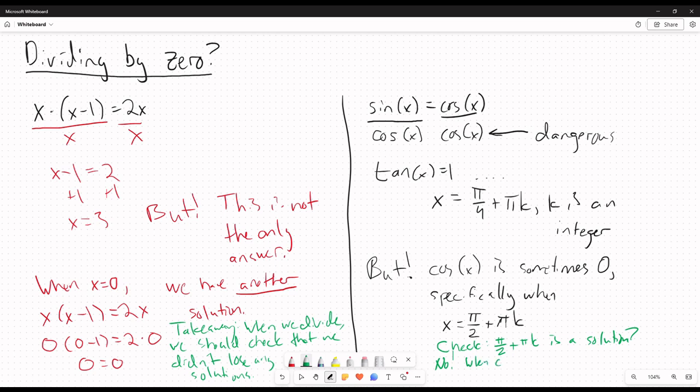When cosine of x equals 0, sine of x equals plus or minus 1. So obviously those will never be the same when cosine of x equals 0. So we didn't lose any solutions.